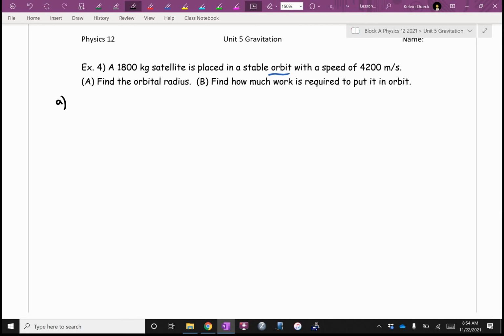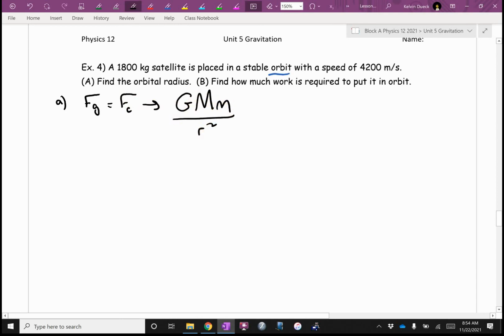Hannah, what's A want me to find? Did you say orbit? I think my first thought is going to be gravity is what's pulling me in a circle. I might try doing this. Fg equals Fc. Big G, big M, little m over R squared.